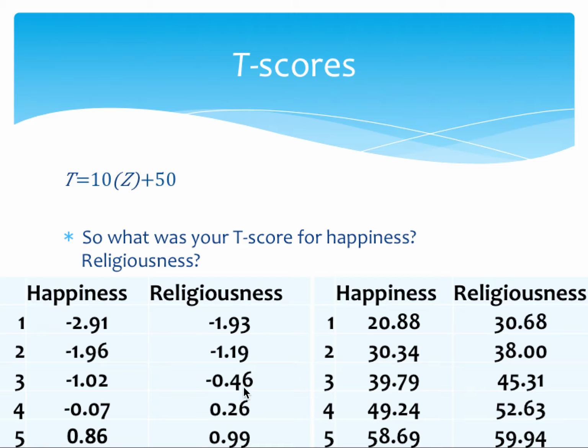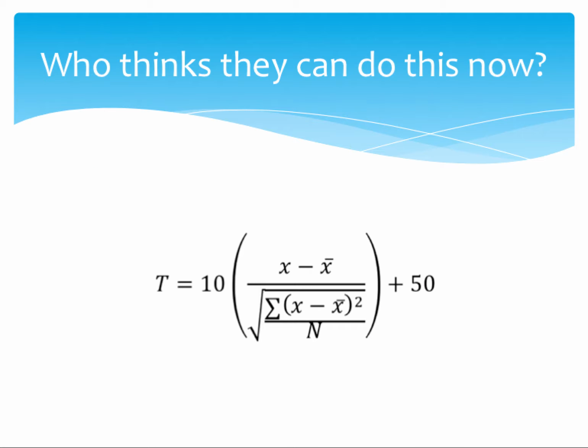Similarly, if your religiousness z-score was negative 0.46, your religiousness t-score is 45.31. It's as simple as taking whatever your score was, multiplying it by 10, and adding 50. So again, who thinks that they can do this now? Hopefully everyone.